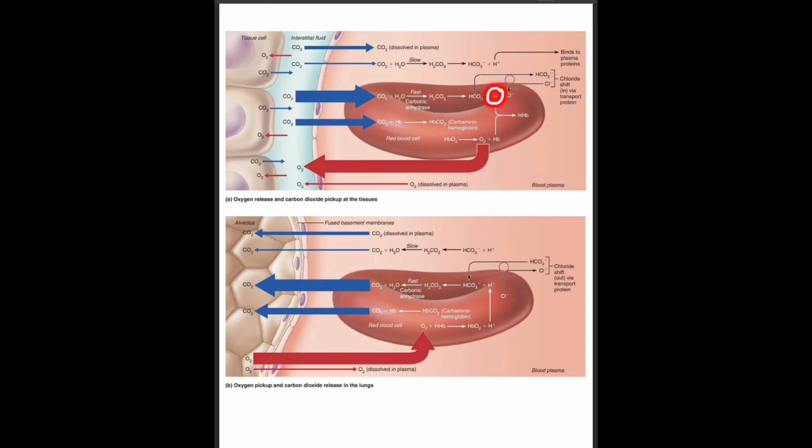This hydrogen ion is a very toxic ion. So the other hemoglobin in the RBC will attach this hydrogen ion to its hook, and it will remain as hydrogen ion hemoglobin. It is known as reduced hemoglobin.